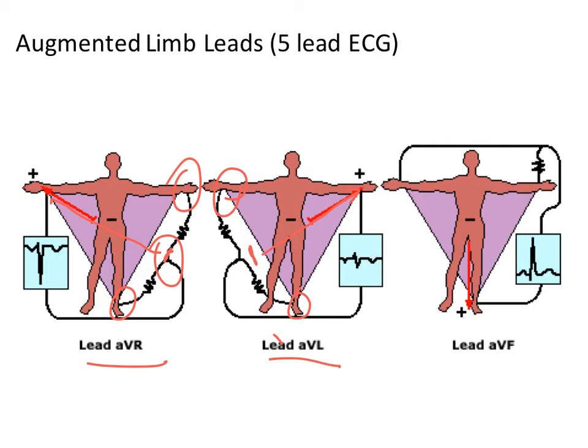Lastly, you can combine the right and the left hand together and use that as a negative and look towards the left leg electrical activity, and that will give you lead AVF. So this combination allows us to look at electrical activity in 3 more additional directions than we did earlier.